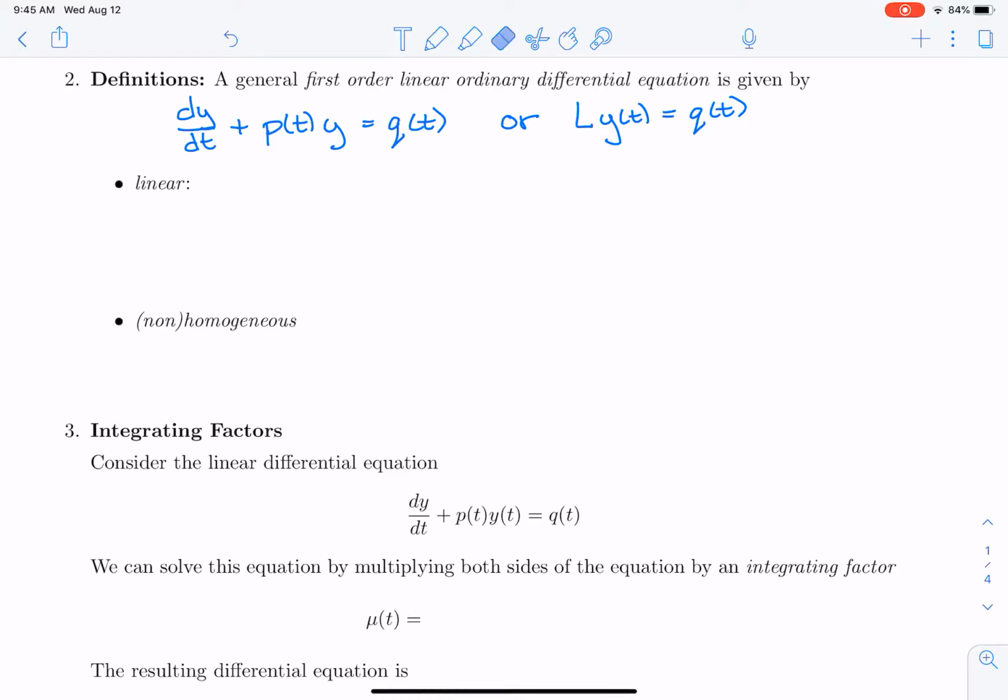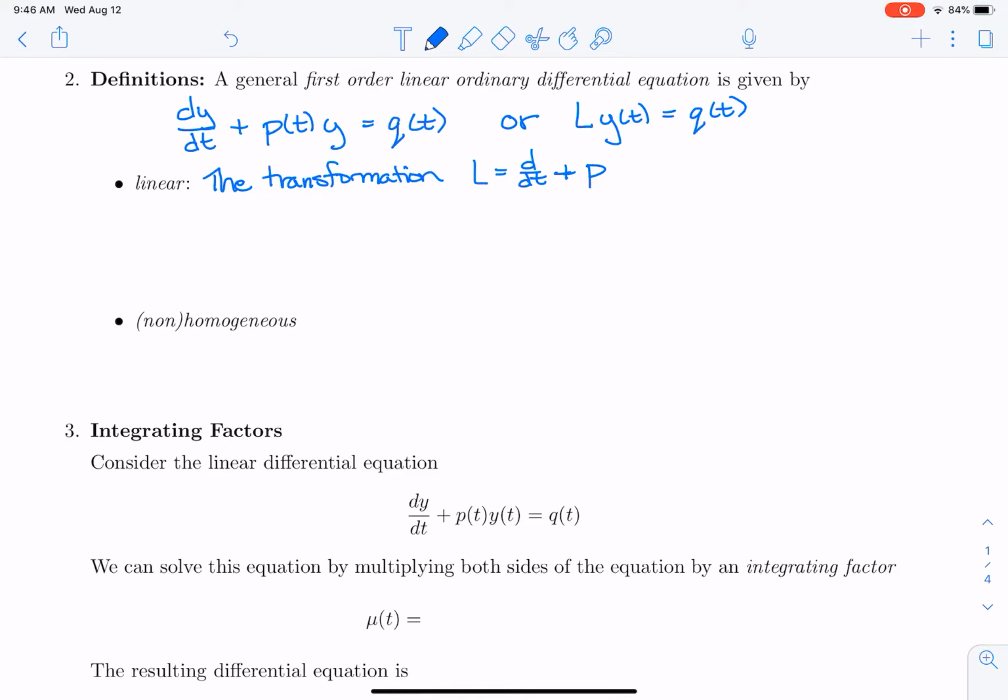So why did I call it L? Well, L, in this case, is a transformation. And in particular, that transformation is taking the derivative of y and adding a multiple of y, that multiple being p.